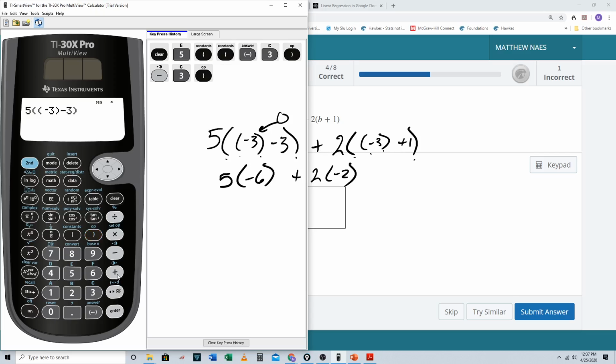Plus 2, so plus 2, 2 parentheses, -3, -3, close the parentheses. Plus 1, close the last parentheses. And if you type it in exactly as it says, then you should be fine. Again, just make sure you write it in the correct order. Press enter.